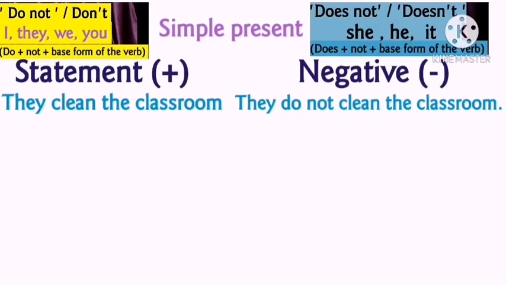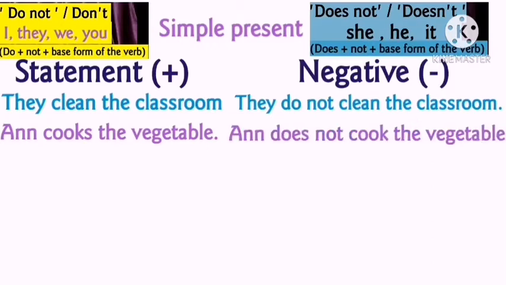We use the base form of the verb, the first form of the verb. See the next one. Anne cooks the vegetables. Here Anne is a singular subject, so we'll use does not. Anne does not cook the vegetables, with the base form of the verb.